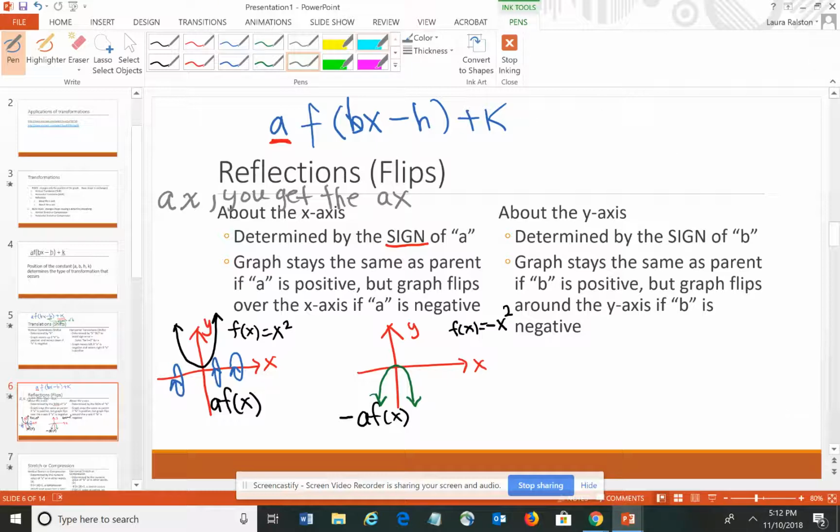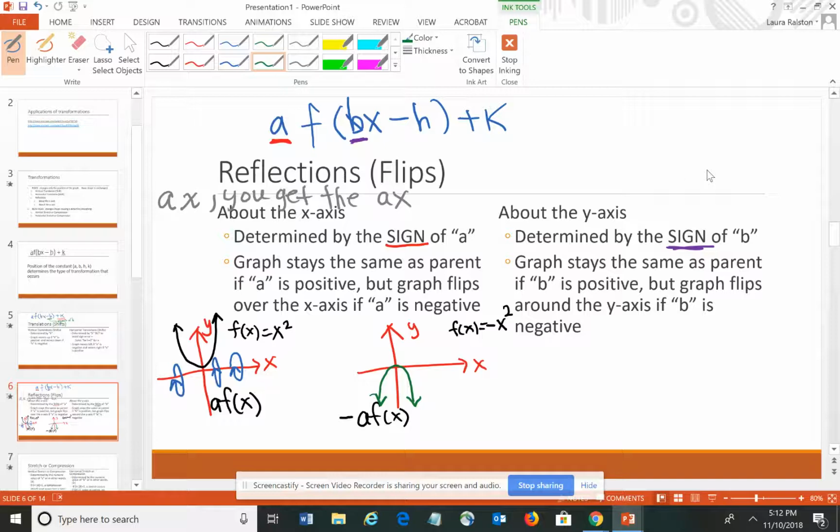B, the sign of B, again, we're solely worrying about the sign, whether it's positive or negative, but the sign of B determines whether or not there's going to be a reflection on the y-axis. Okay, so again, if it's positive, nothing happens, but if it's negative, you reflect it.